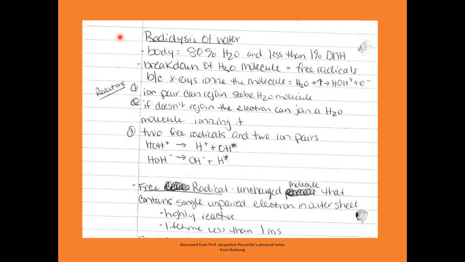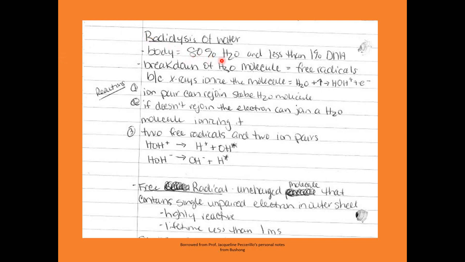And those free radicals can turn into something very poisonous in the body, hydrogen peroxide. So it's very important that we remember that the body undergoes radiolysis of water, and that water can go from H2O into hydrogen peroxide because of the radiolysis that occurs.